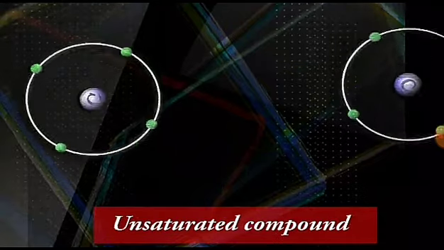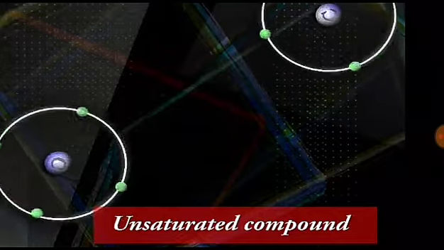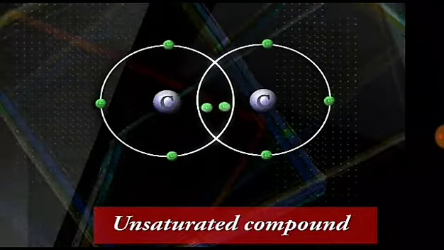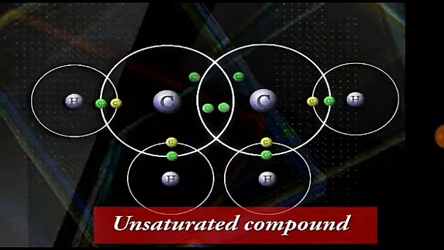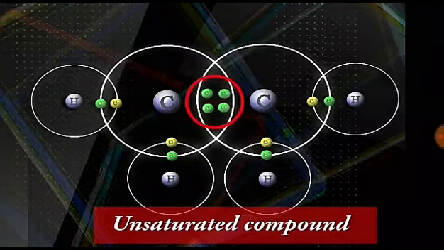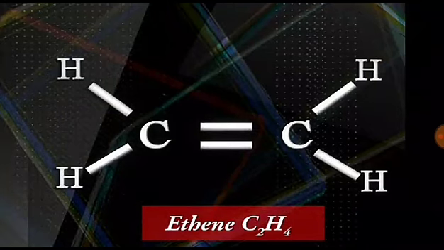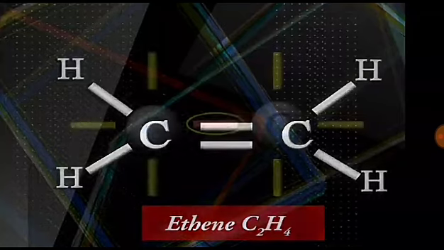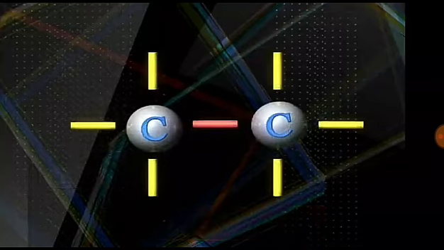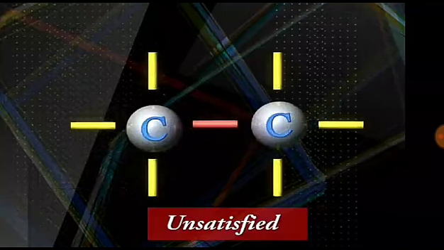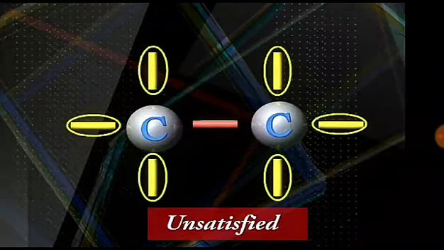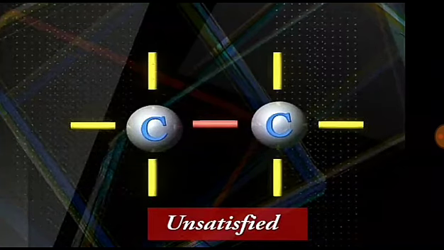Compounds in which carbon atoms contain 2 or 3 covalent bonds between at least one pair of carbon atoms are called unsaturated compounds. Example, in order to arrive at the structure of ethene, C2H4, first we link the carbon atoms together with a single bond. 3 valencies of each carbon atom remain unsatisfied.